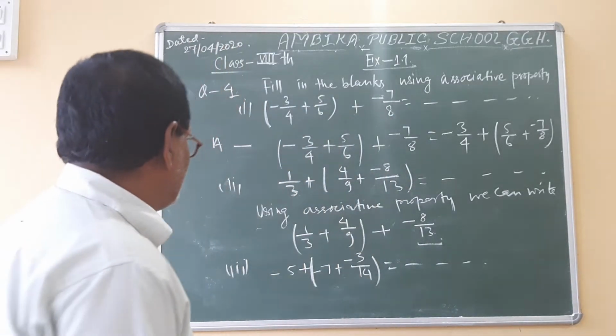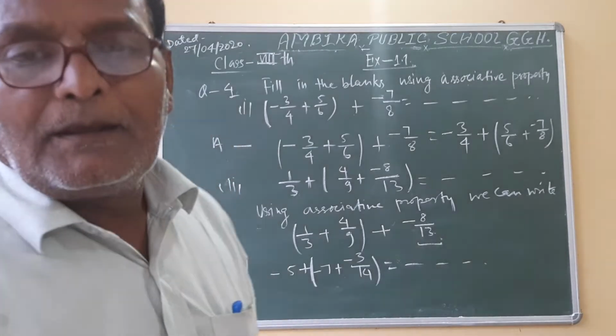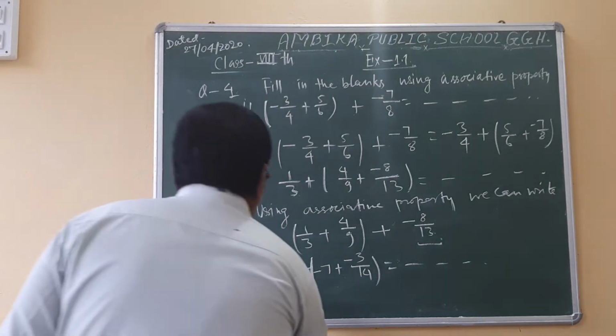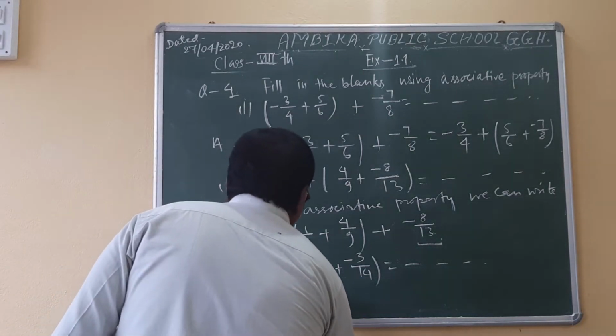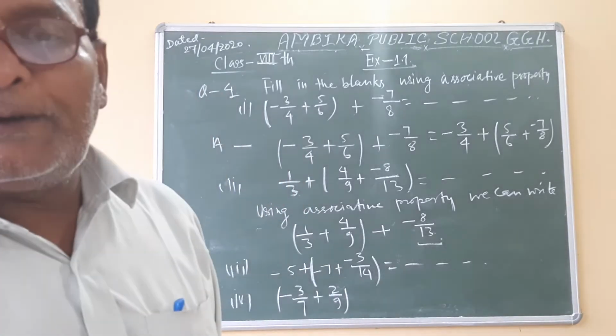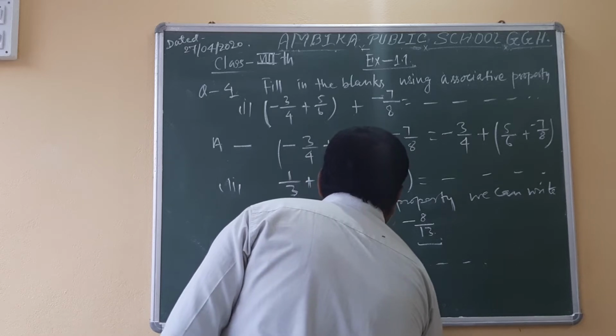And question 4 is: (-3/7 + 2/9) + 8/(-17).